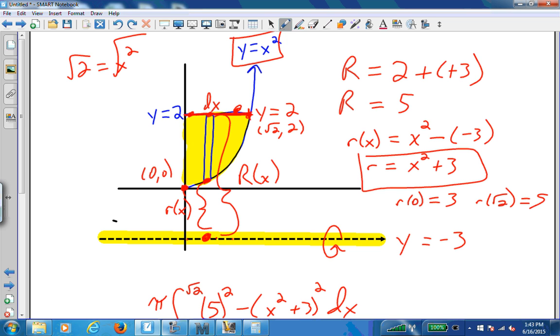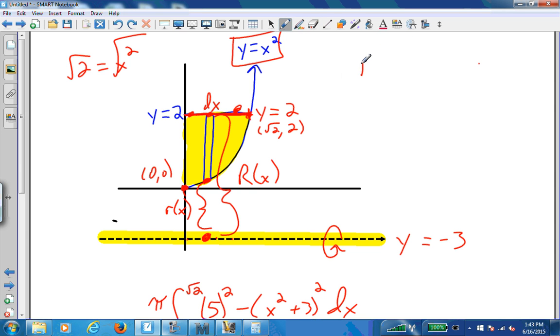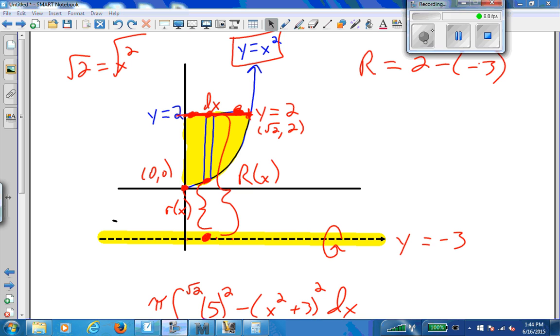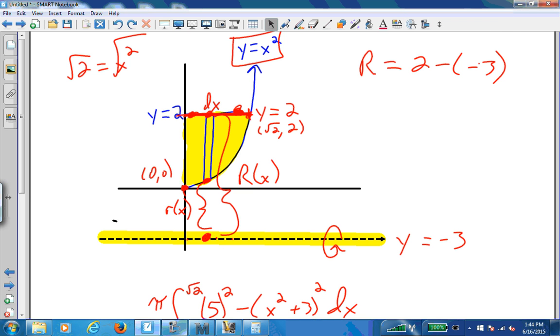So let's go back and remind ourselves, how did we get big R and little r? Big R is the distance from the outside edge to the axis of rotation. On this one, the outside edge is always at 2, minus the inside edge, which is at negative 3. And little r is the distance from the bottom of our sample element to the axis of rotation.